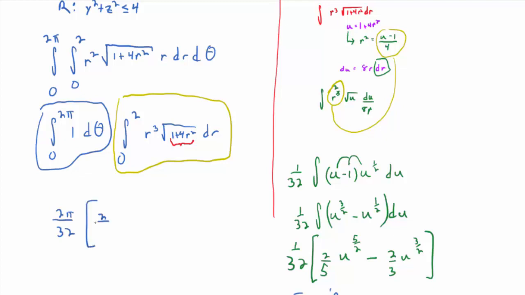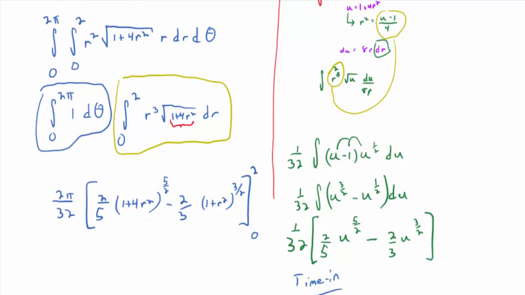And then 2/5, 1 plus 4r squared, that's u to the 5/2, minus 2/3, 1 plus 4r squared, the whole thing to the 3/2, like that. And then evaluate from 0 to 2. Does everybody buy that?